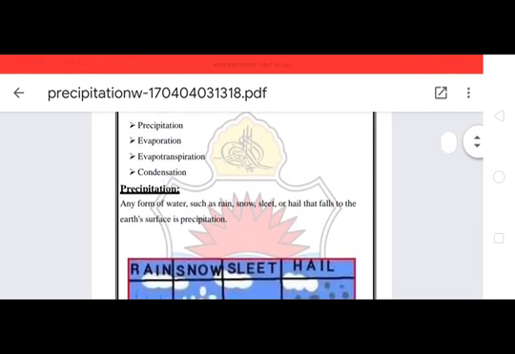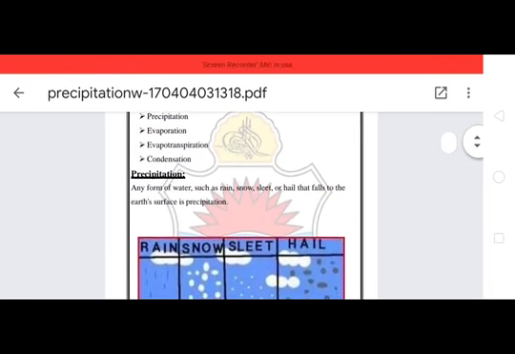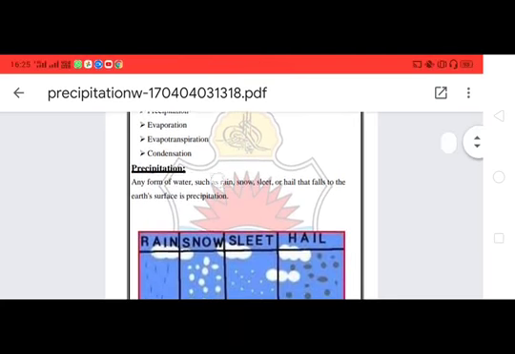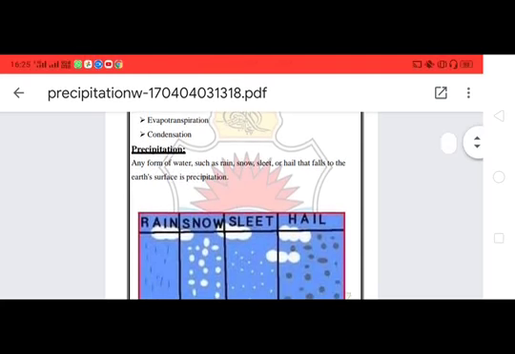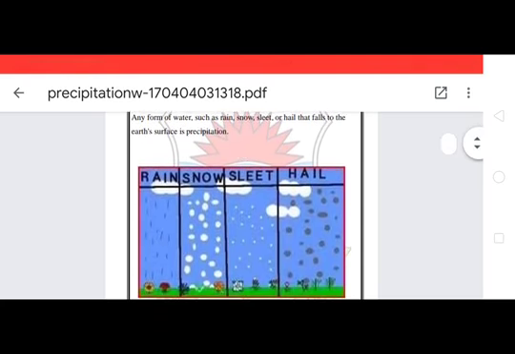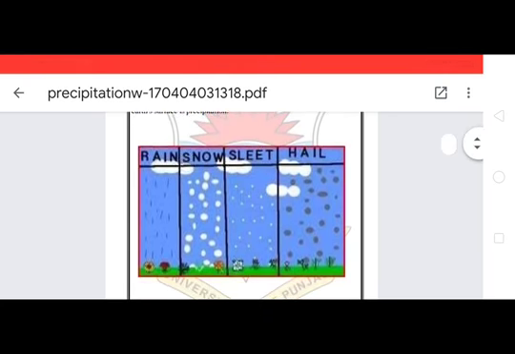So what is precipitation and what are the types of precipitation? Any form of water such as rain, snow, sleet, hail that falls to the earth's surface is precipitation. As you can see in some pictorial representations of precipitation as rain, these water droplets are small.